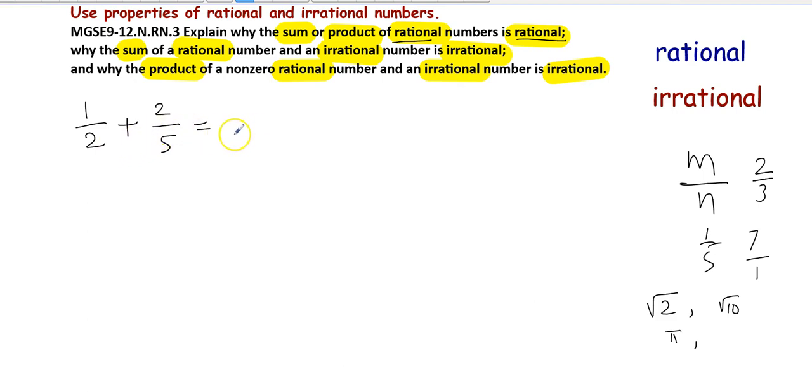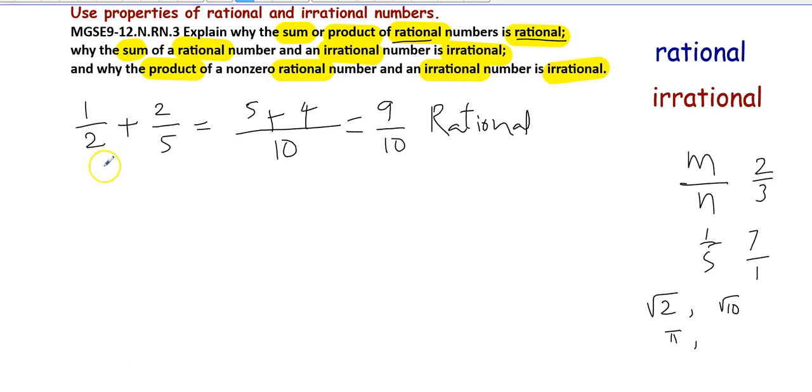Adding them together, 10 is the common denominator, so 2 can divide 10 5 times. 5 times 1 is 5, the least common multiple is 10, and 1/2 is nothing but 5 over 10 plus 2/5. I need a denominator 10, so 5 divides 10 2 times, 2 times 2 is 4. So your sum is 9 over 10, which is a rational number.